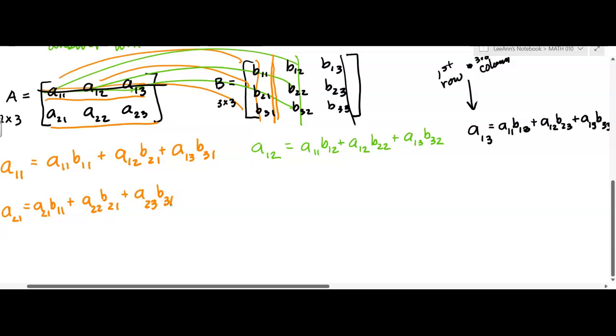Now you can look for patterns. You'll notice that these B elements are staying the same, but the A elements change to the new row, okay? So that might be helpful to look for patterns.